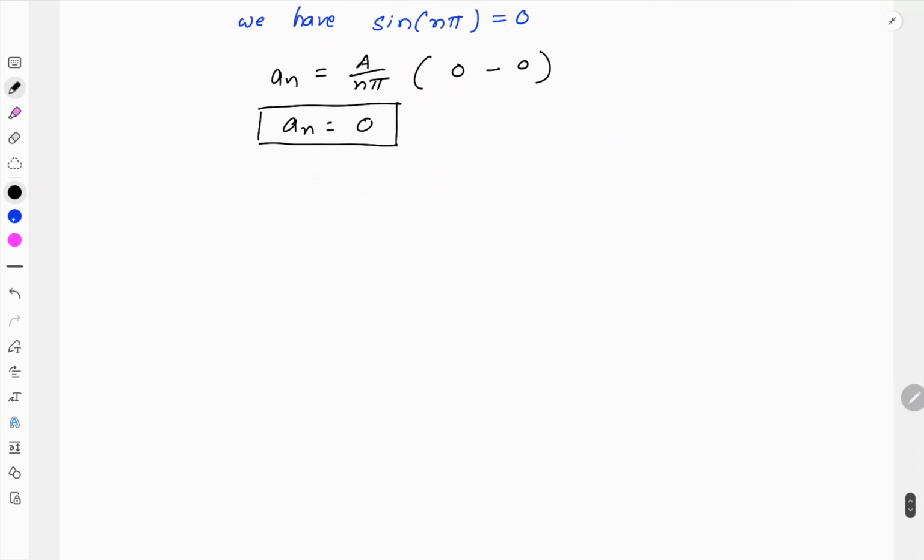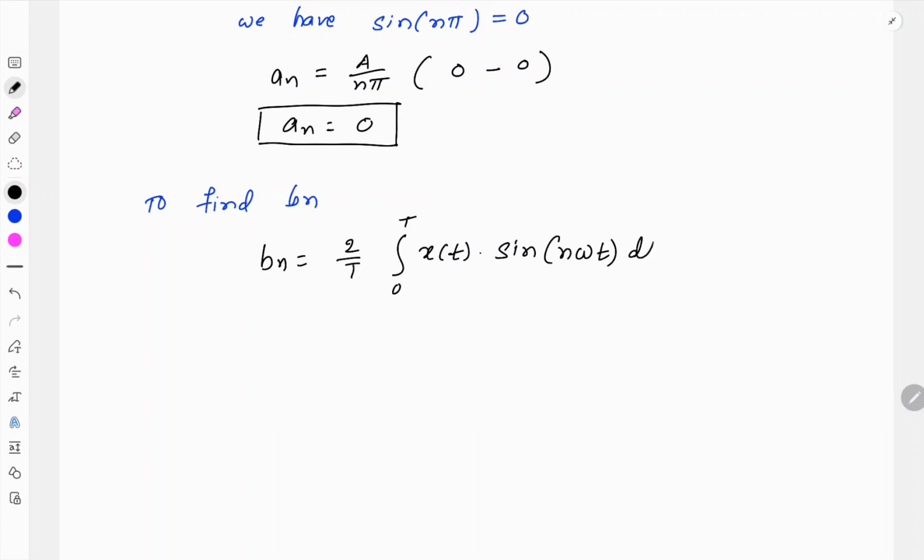Now let us find the third coefficient bn. We know that bn is given as 2 by T integration from 0 to T of x of t into sin of n omega t dt.